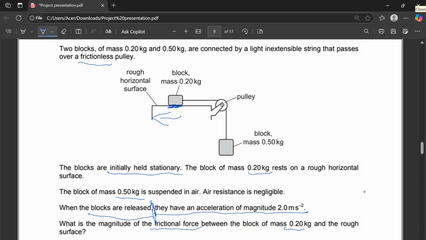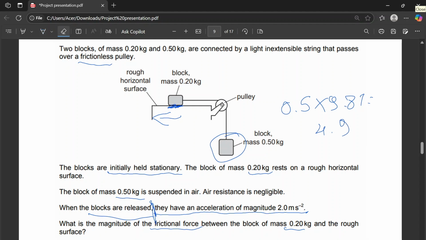So let's continue. First of all, we need to find how much force this mass is applying. So 0.5 times 9.81, which will give us, let's see, 0.5 times 8, so it gives us 4.9.